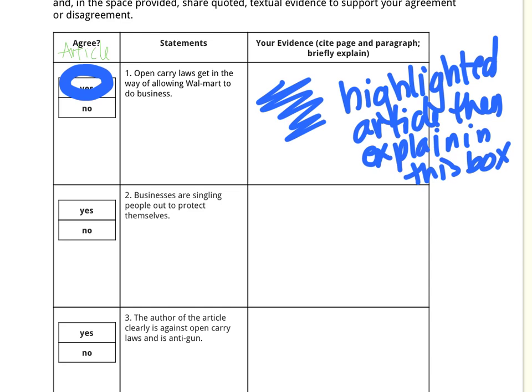Highlight what you found in the article and explain in the box. There are 3 different ones, so each one would get a different color highlighter. So number 2 would get a different color, and number 3 would get a different color. So that makes sense?